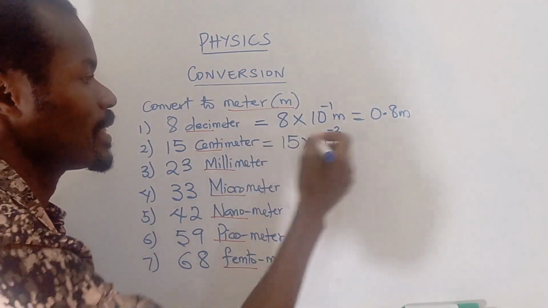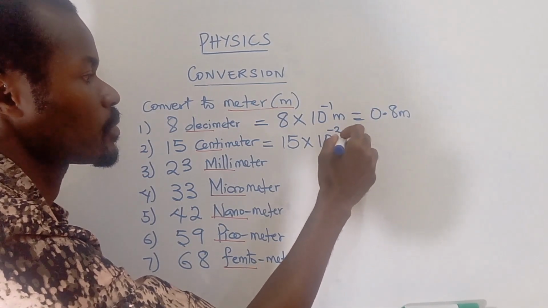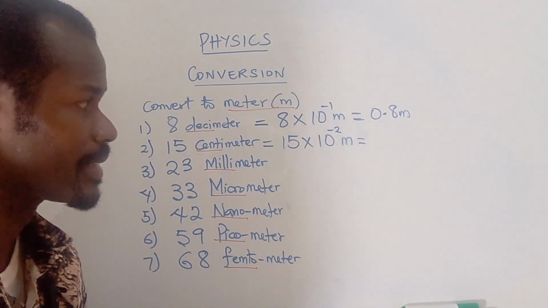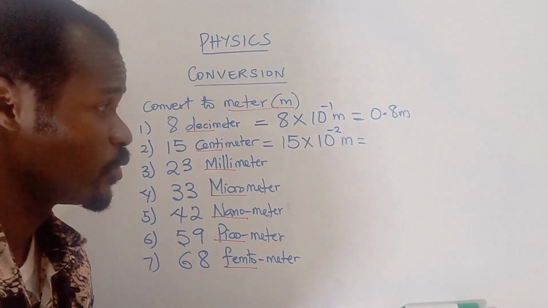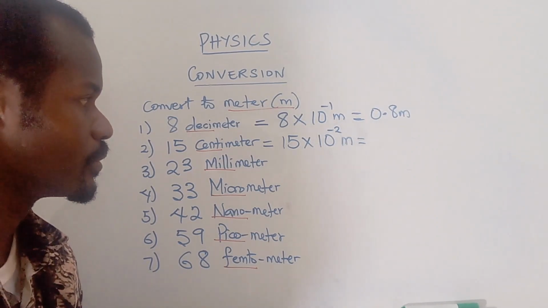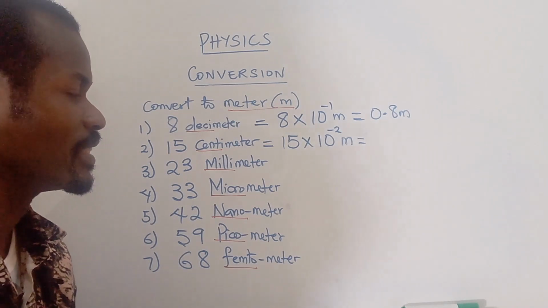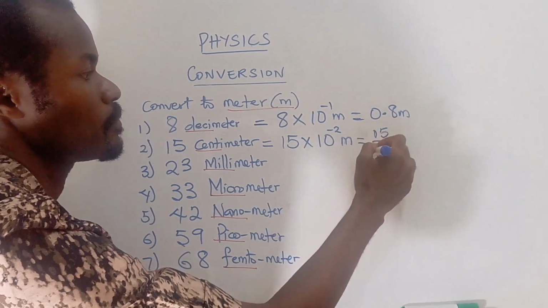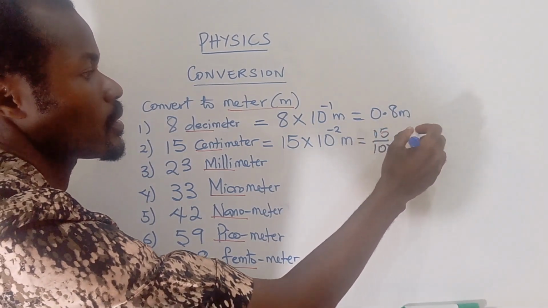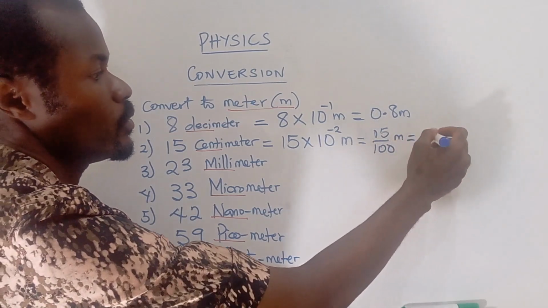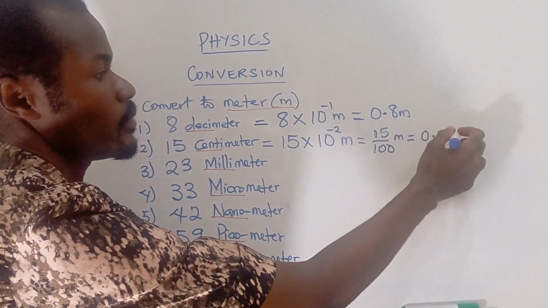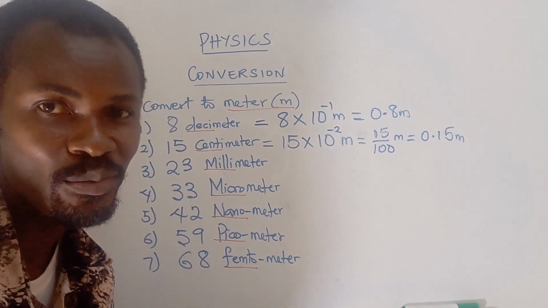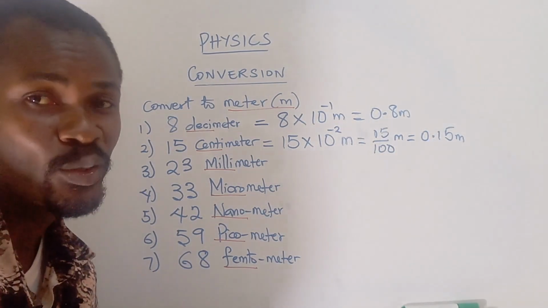Then meter means m. So this gives you the simple answer to this problem. If you push your calculator, this is like saying 15 divided by 100, so that will give us 0.15 meter. So if you have to convert 15 centimeter to meter, you are going to get 0.15 meter.